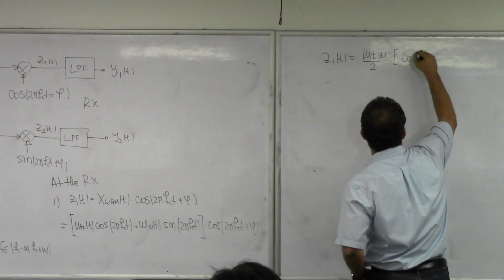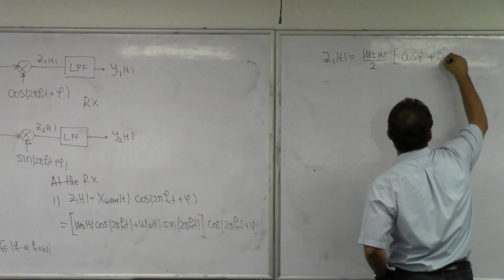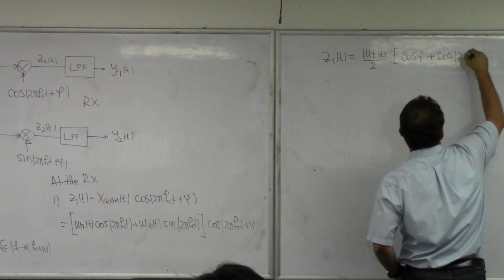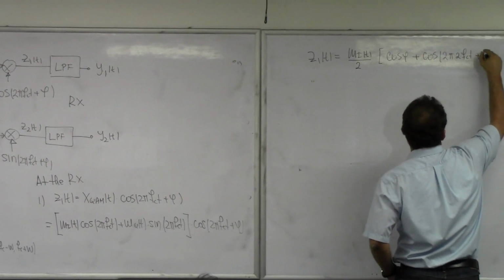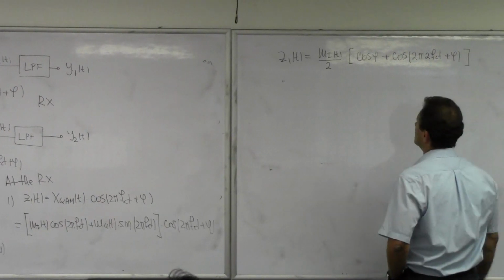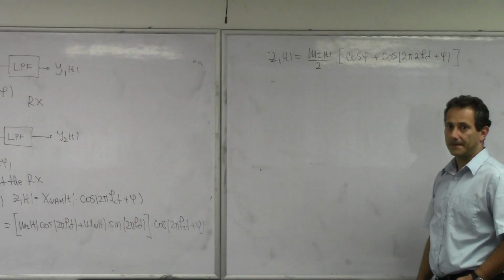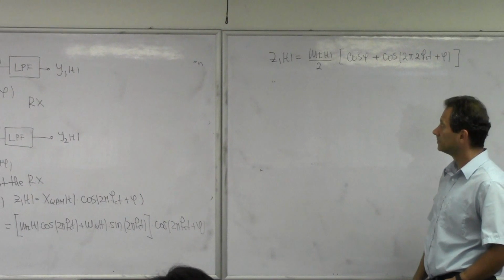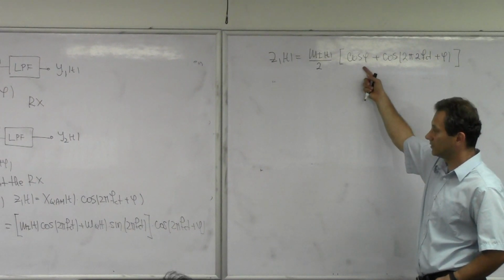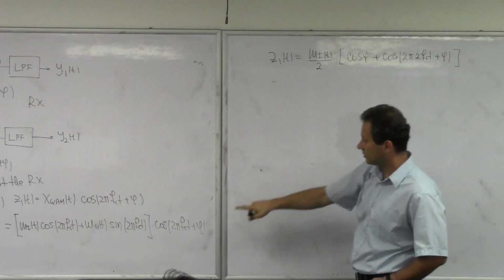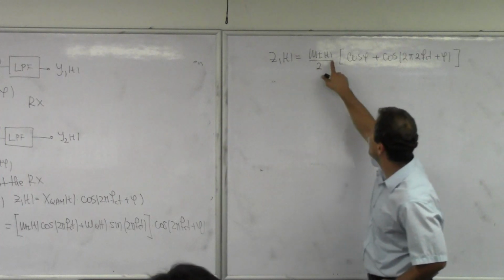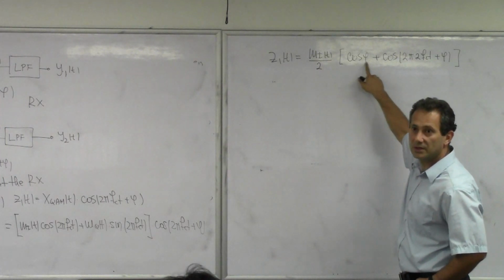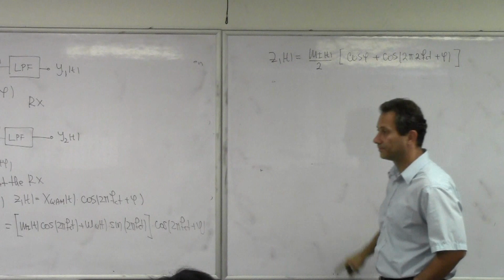Cosine of the difference is cosine of phi plus cosine 2 pi times 2 fct plus phi, which is the cosine of the sum. Okay? This is cosine of the difference on mi, right? So this is just the first term. This times this, right? So you have a mi over 2 cosine of the difference plus cosine of the sum.